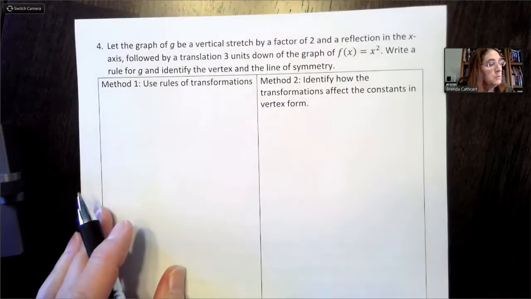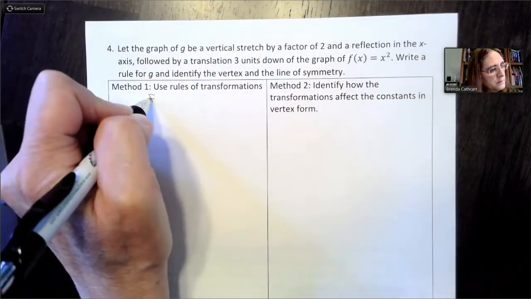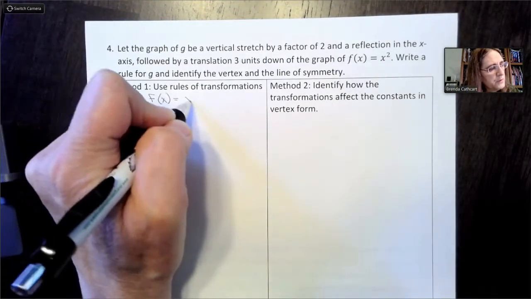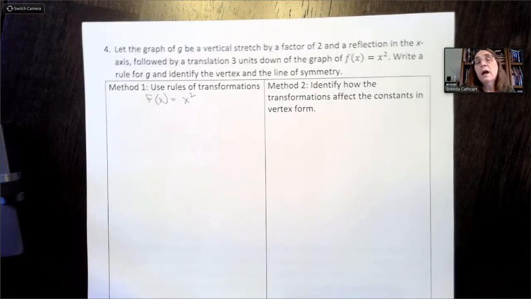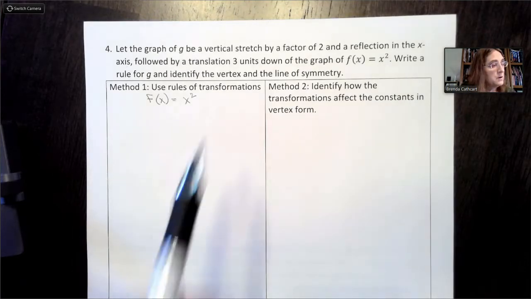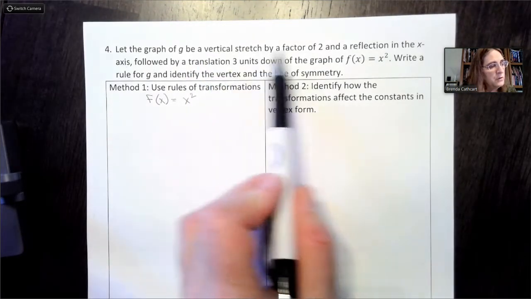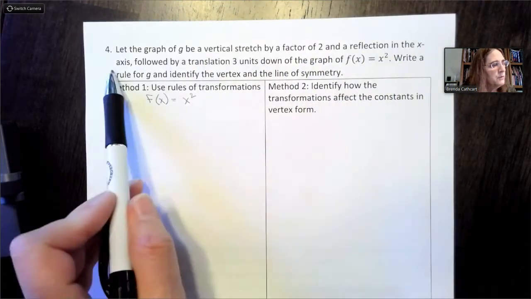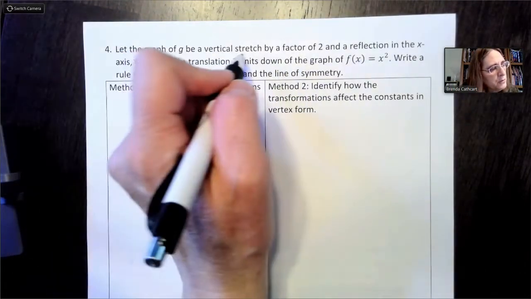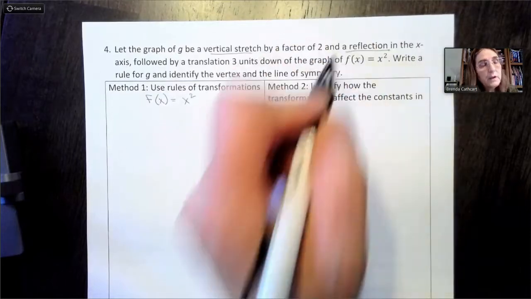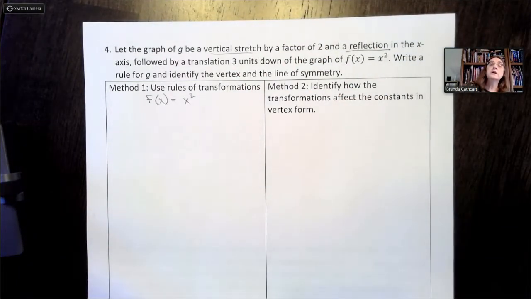So let's start with our function f of x. We're going to use the rules of transformations that we've been working with this year. So f of x equals x squared. And we're going to have a preliminary step because our first step is going to be a vertical stretch of 2 and a reflection in the x-axis. Both of these two transformations affect the y-coordinate.